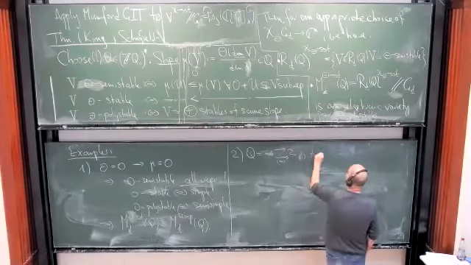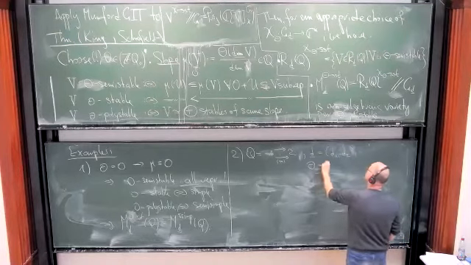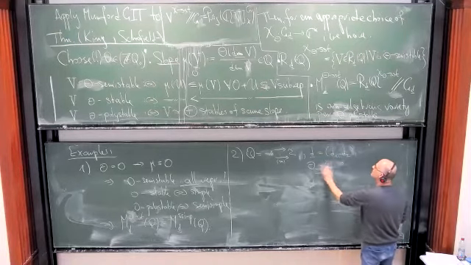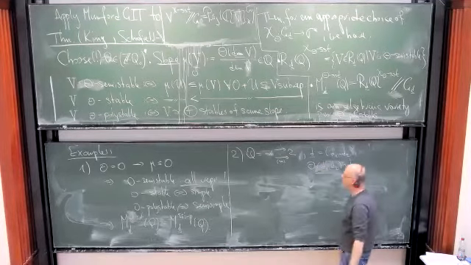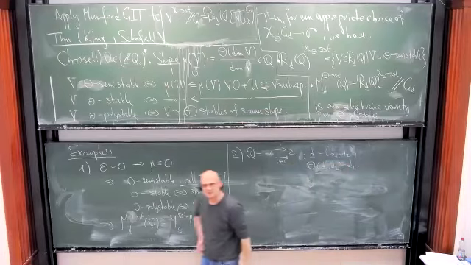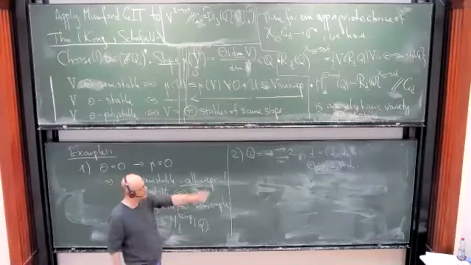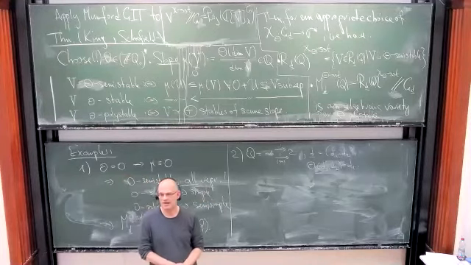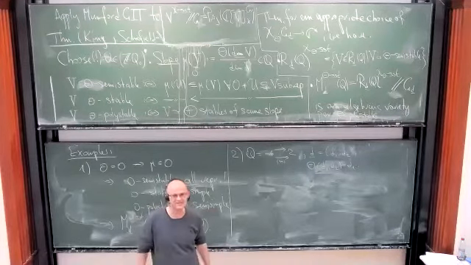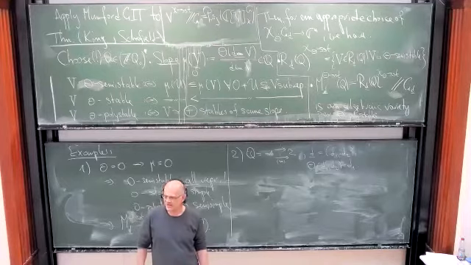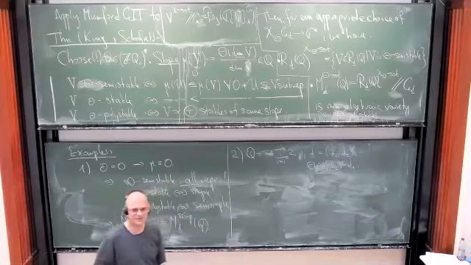Let me write the dimension vector as d1, d2, and let me make the choice theta of d1, d2 equals d1. That looks a bit arbitrary, but in fact, almost all choices of theta for the generalized Kronecker quiver are equivalent. There are basically 3 equivalence classes of stabilities. 2 of them give something trivial, and 1 of them gives something interesting, and that's the representative for this interesting class.